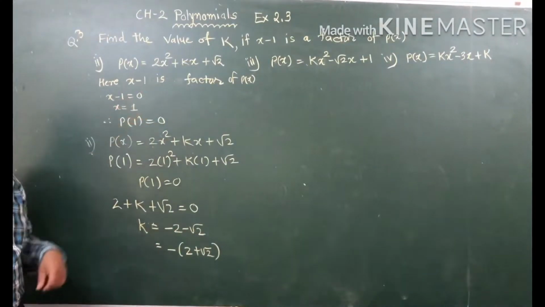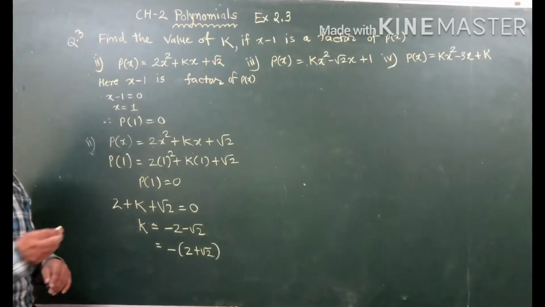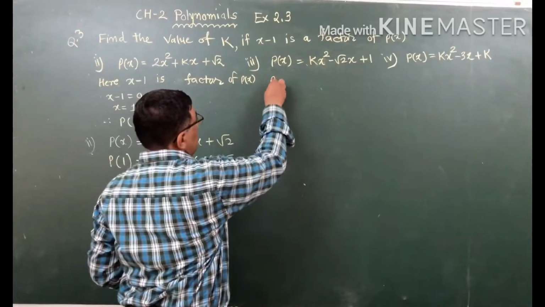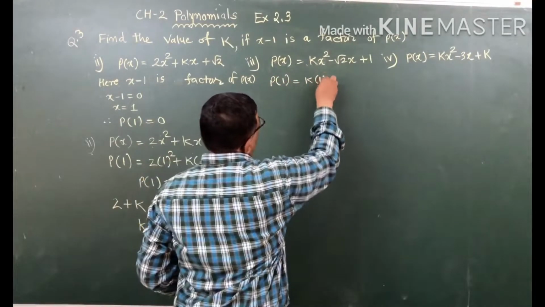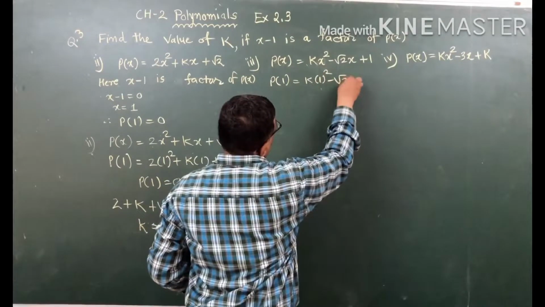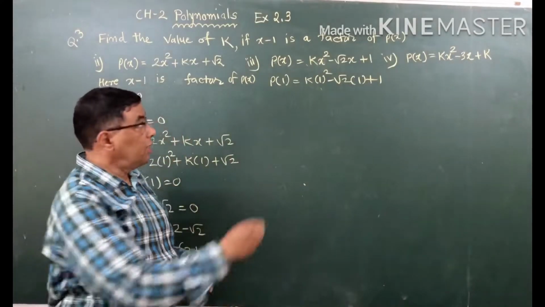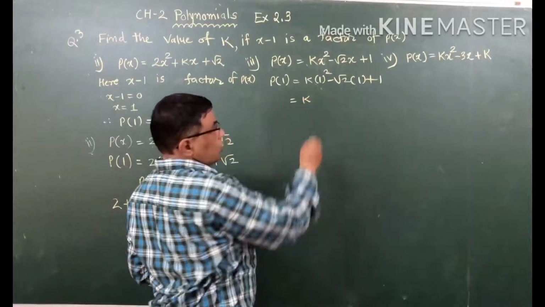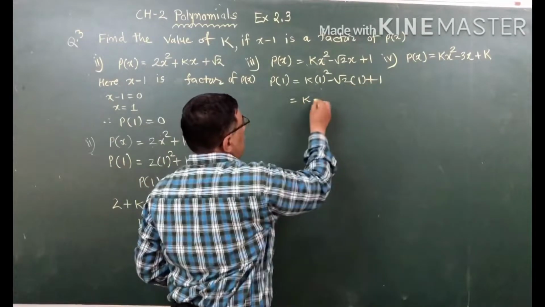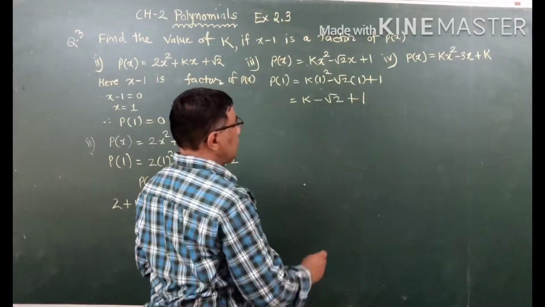Similarly, we solve the next one also. First of all, we find p of 1. P of 1 is equal to k into 1 square minus root 2 into 1 plus 1. 1 square is 1, so k, root 2 into 1 is root 2 only, and plus 1.